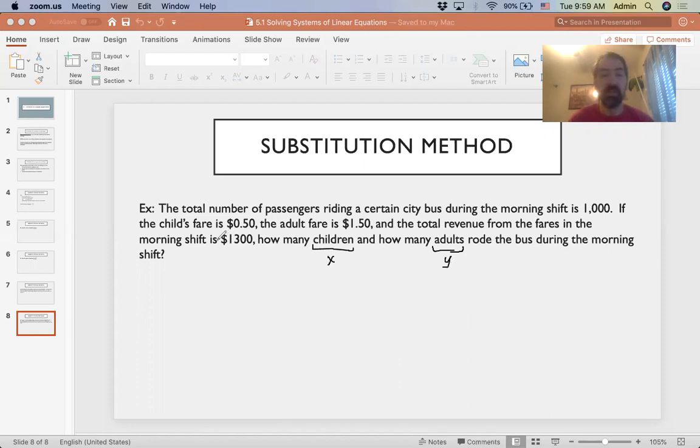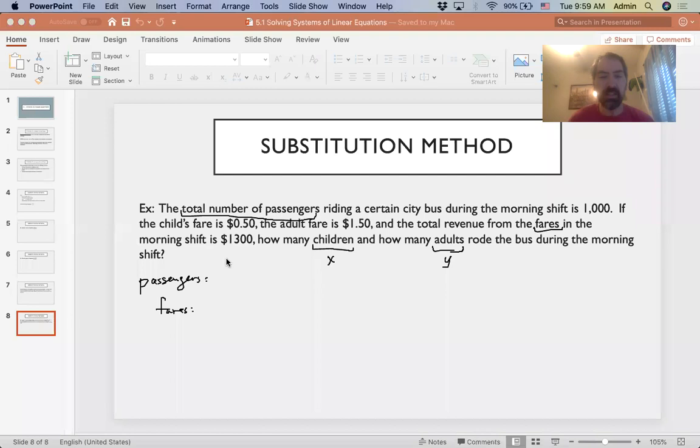We're given information about the total number of passengers, and we're given information about the revenue from the fares. That's where our two equations are going to come from.